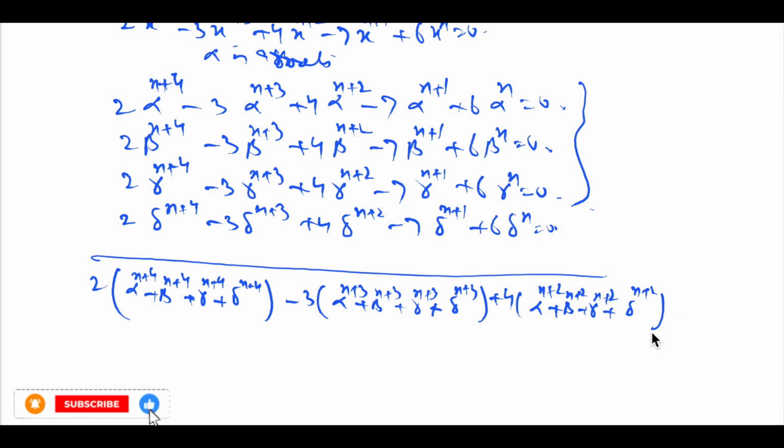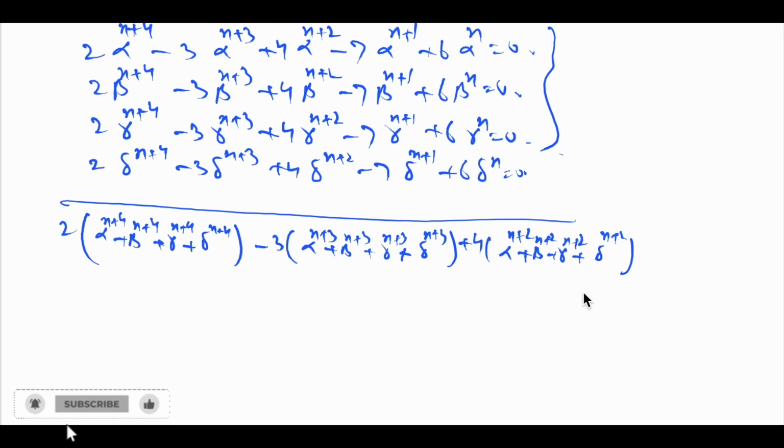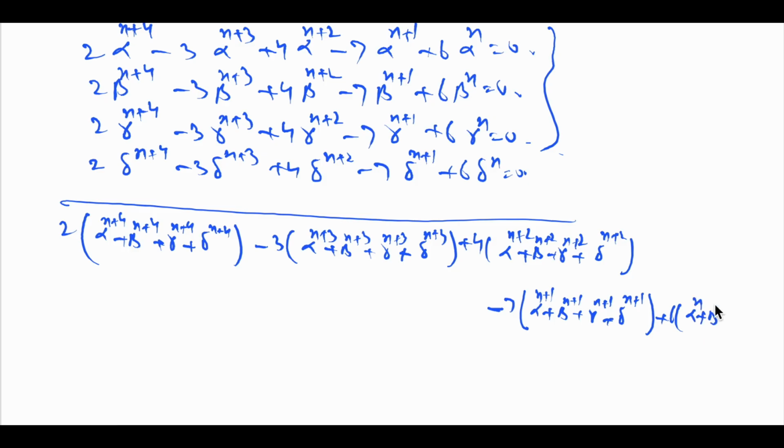Then minus 7 is common. This will be alpha power n plus 1 plus beta power n plus 1 plus gamma power n plus 1 plus delta power n plus 1, and plus 6 is common, so alpha power n plus beta power n plus gamma power n plus delta power n is equal to 0.